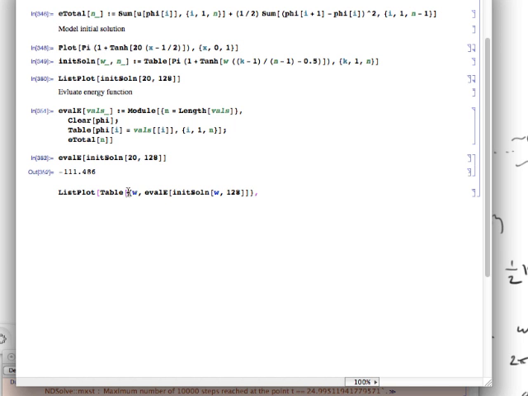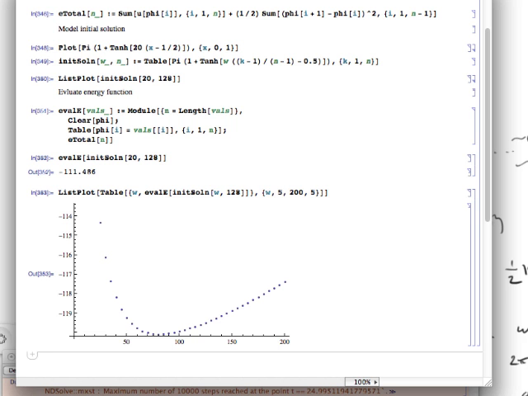So here's a table of pairs of w and the corresponding energy value, and I'll do this for, I don't know, w values from 5 to 200 in steps of 5, just to get an idea of where the minimum is. And so you can see, oh yeah, there's a minimum there for a width of about, I don't know, 60, 70, 80, something like that.